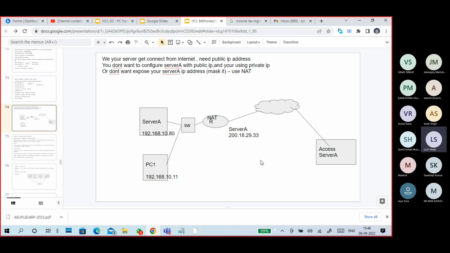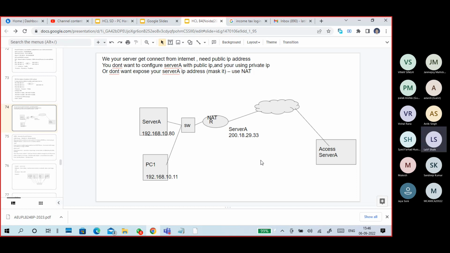192 series is one of the famous series anyway. 192.168.10.80 or 10.11 IP addresses exist in this world millions of times. So another PC on the internet cannot reach you by your private IP.